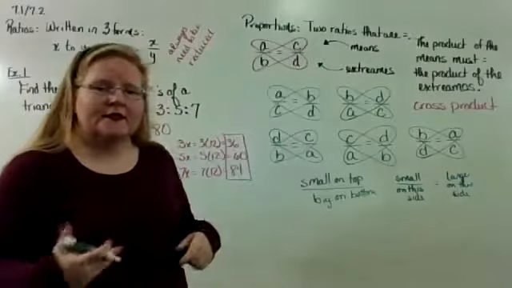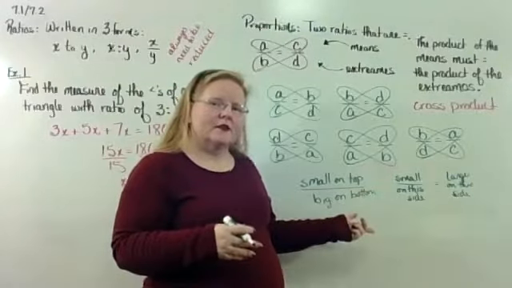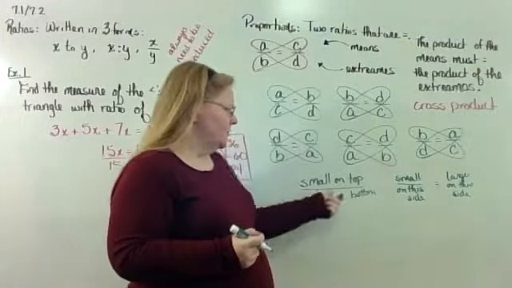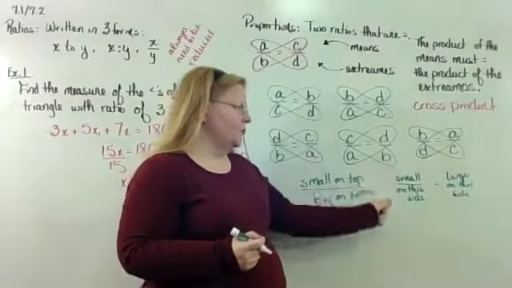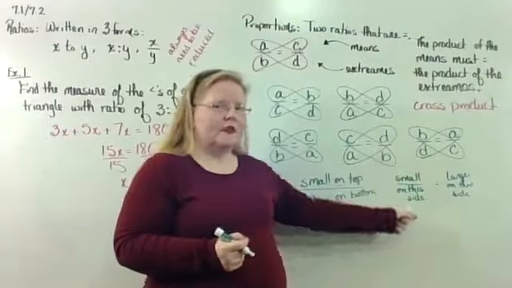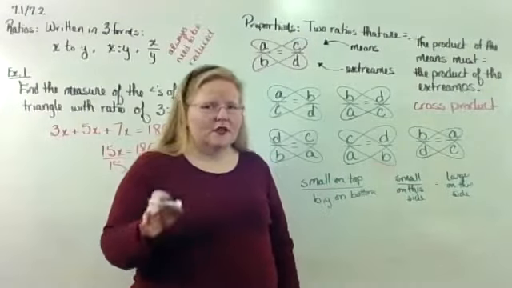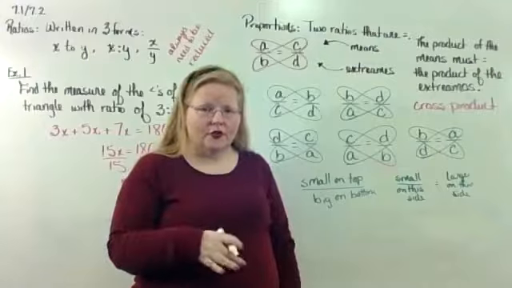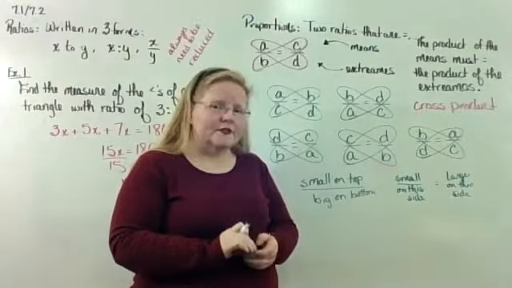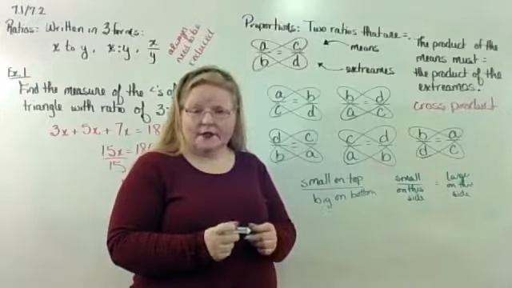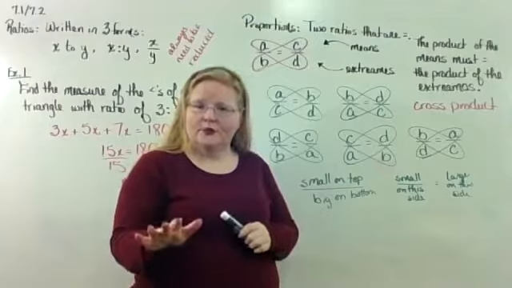Either way, you're going to get the same stuff, but these are the two general ways that you split stuff up. You either put the small figure on top and the big figure on the bottom, or you put the small figure all on one side and the big figure all on the other side. But corresponding sides, as long as they're good, you're good. So it's not nearly as difficult as you may want it to be, but it'll be okay. We'll get through this.